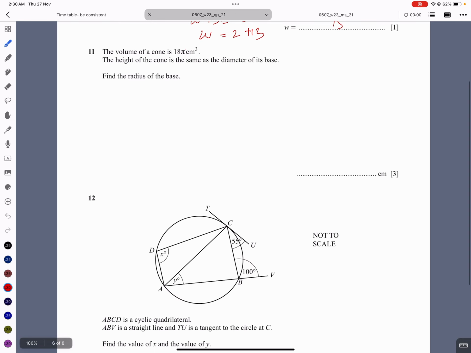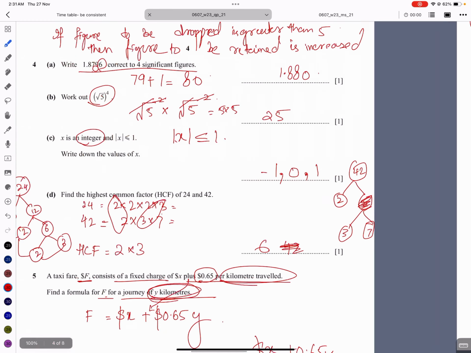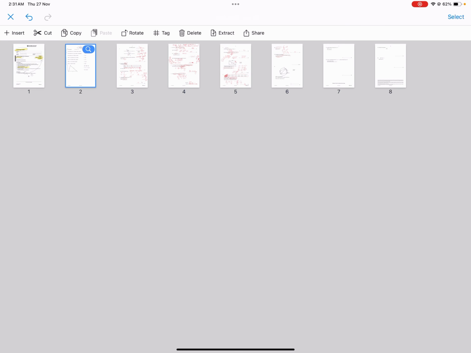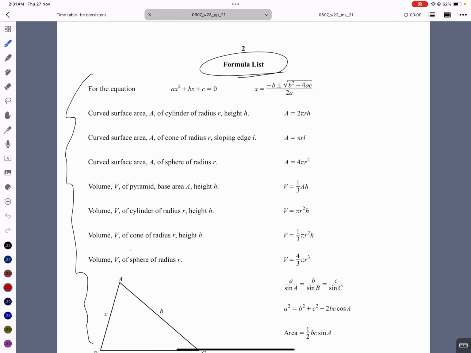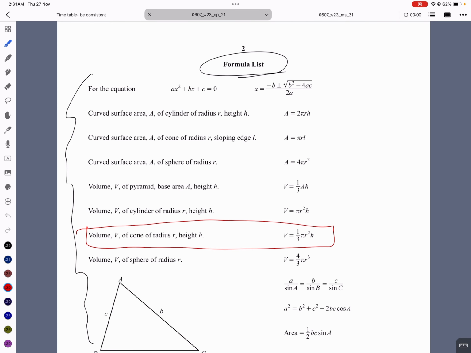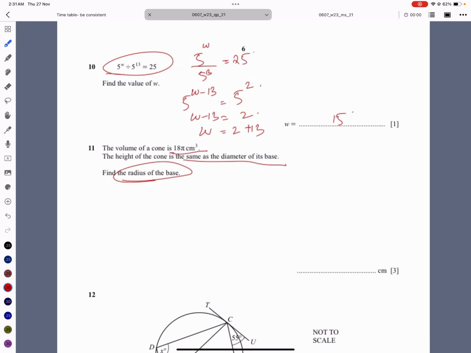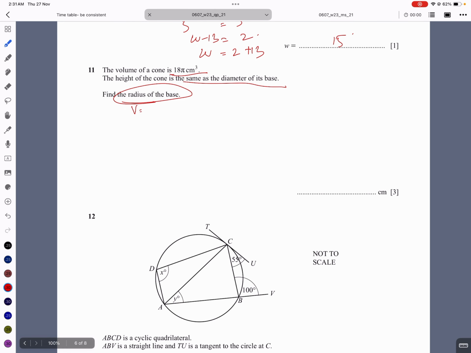Next question is, the volume of a cone is this. The height of the cone is the same as the diameter of its base. Find the radius of the base. For this, you can go to your first sheet and see the formula for the volume of a cone. Volume of a cone is 1 by 3 pi r square h.